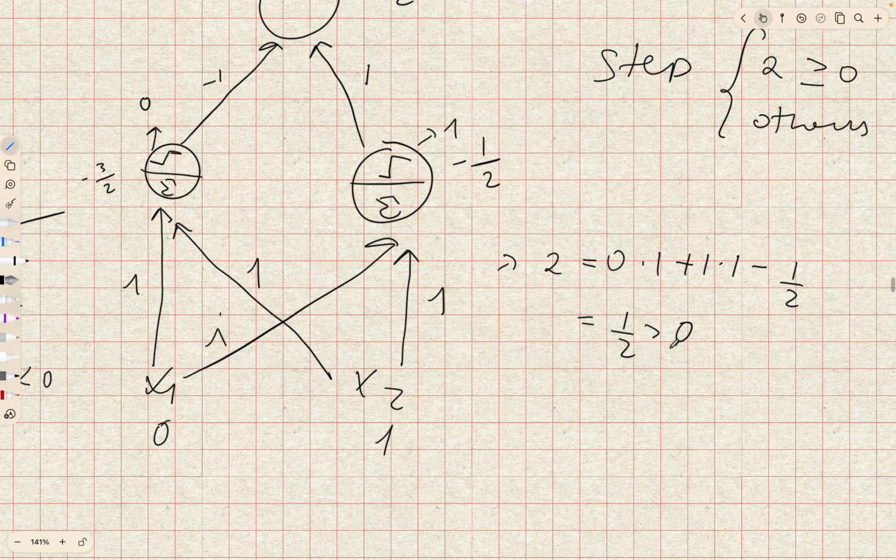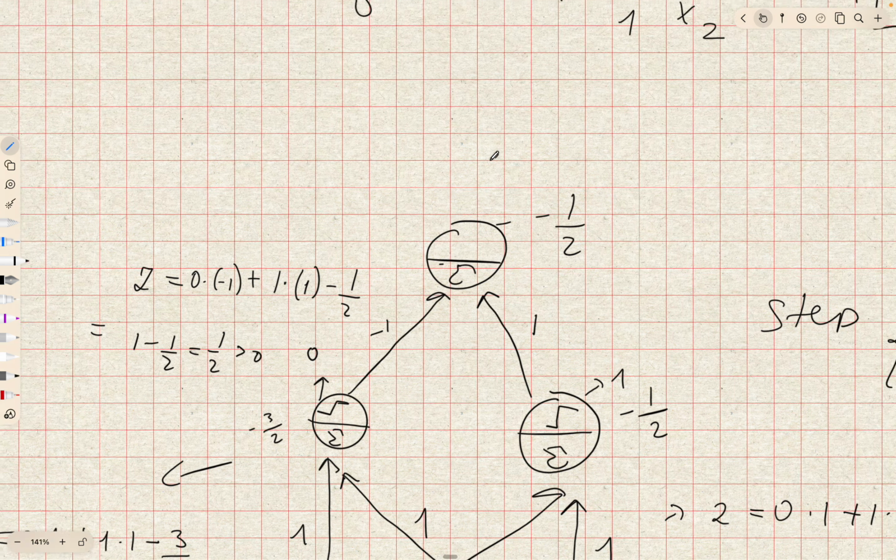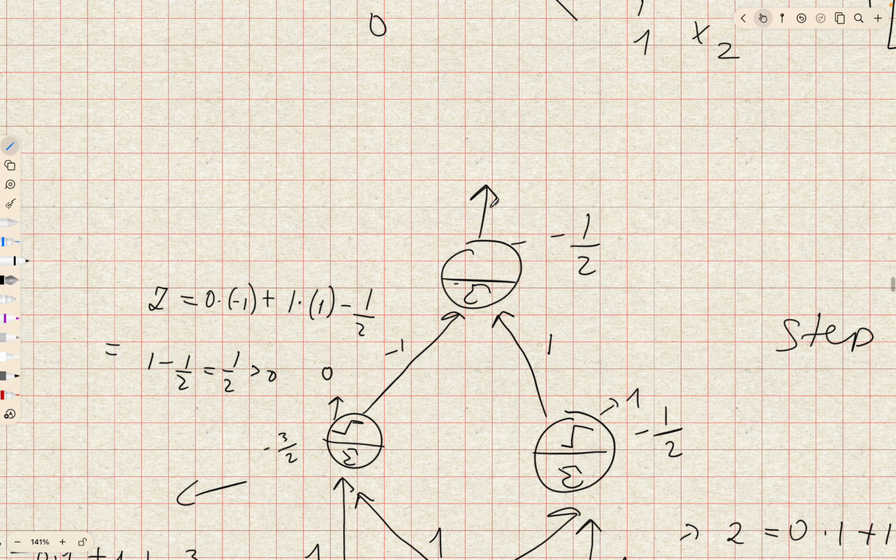And then here, we calculate again. z is equal to 0 multiplied by 1 plus 1 multiplied by 1 minus 1 over 2, which is 1 over 2, that is greater than 0, and then we get an output of 1, right?